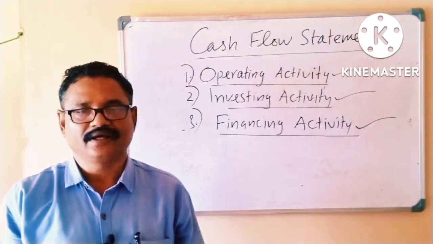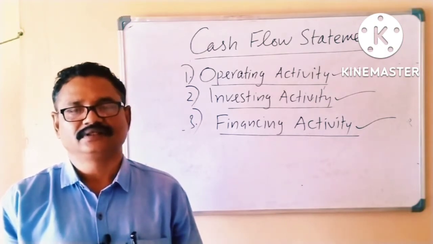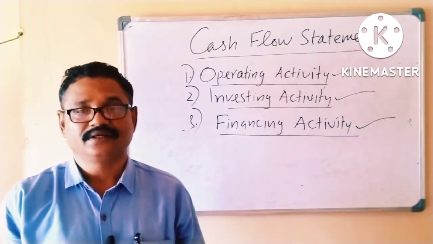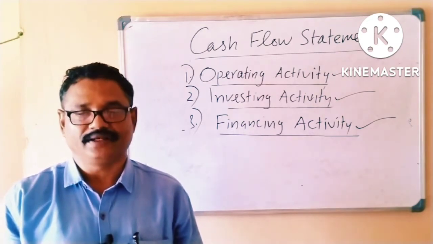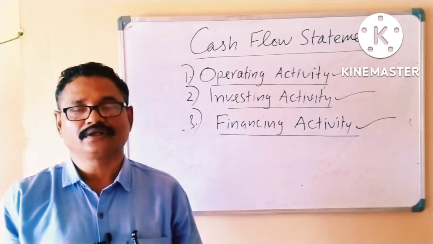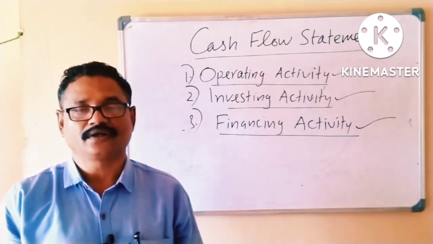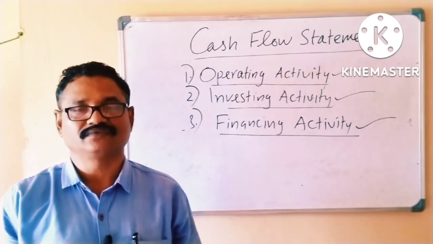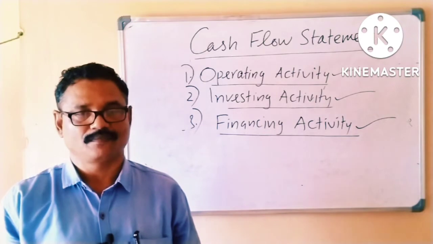In a more clear way, we can say that it is a statement which is prepared to find out total cash inflows and total cash outflows of the business during 2 periods.